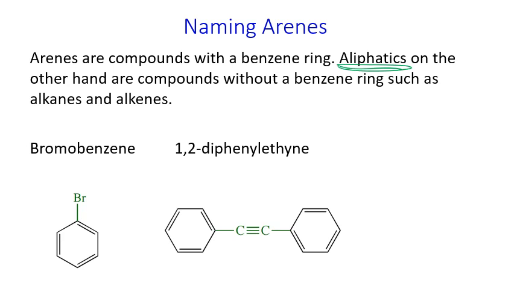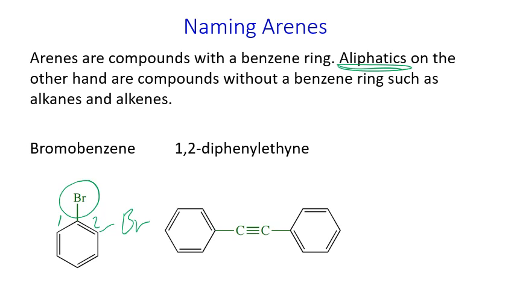Okay, if it's standing by itself, you're going to name it bromobenzene because it's got a bromine sticking on it. And obviously if you have two bromines, it'll depend where they are. So this is bromobenzene, but for example, if you had two of them on there, then it would be 1,2-dibromobenzene, and so forth.